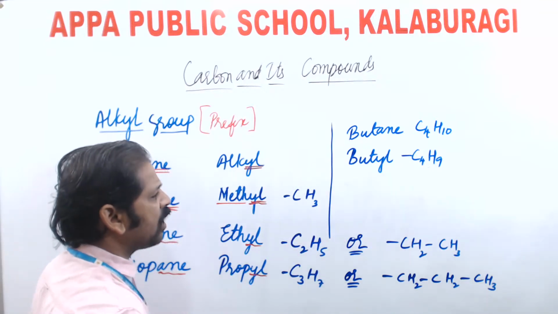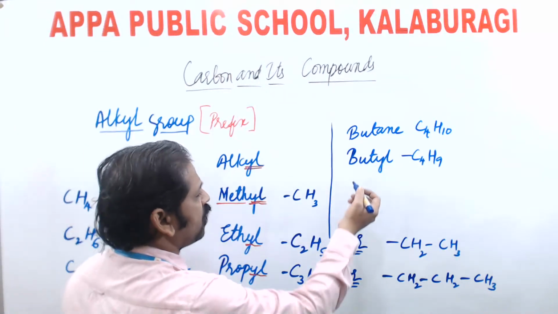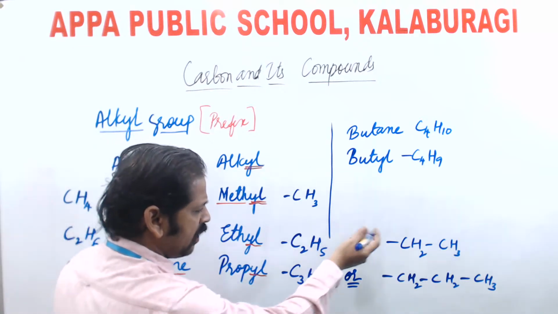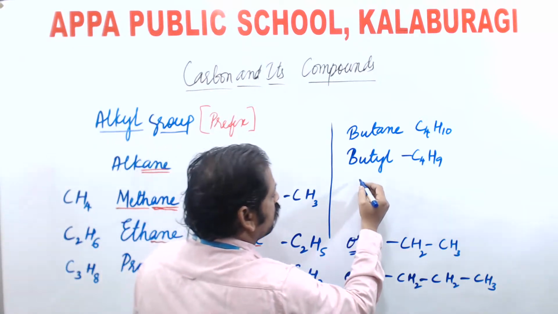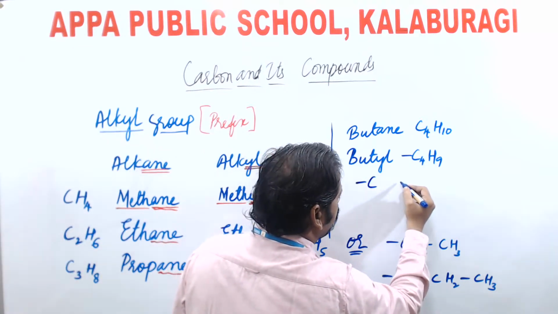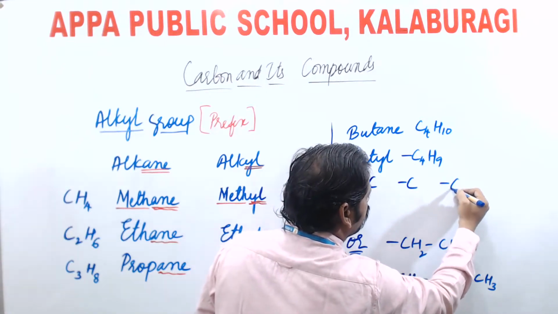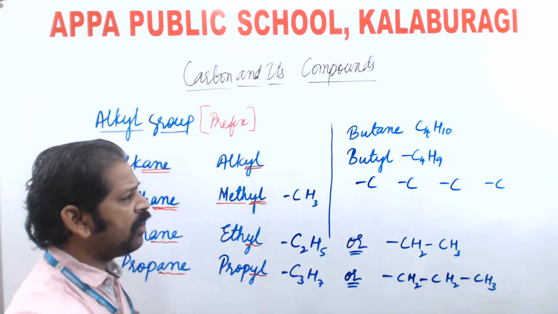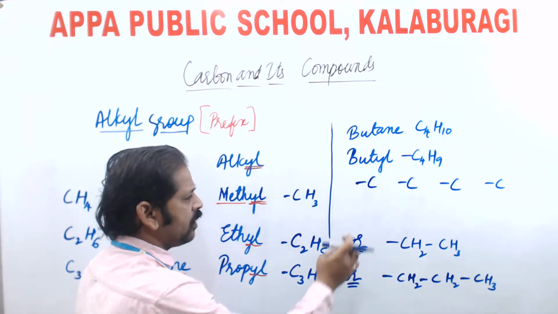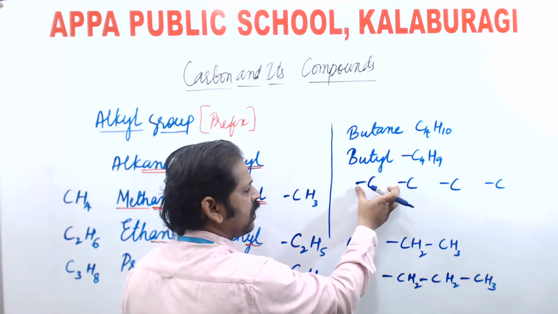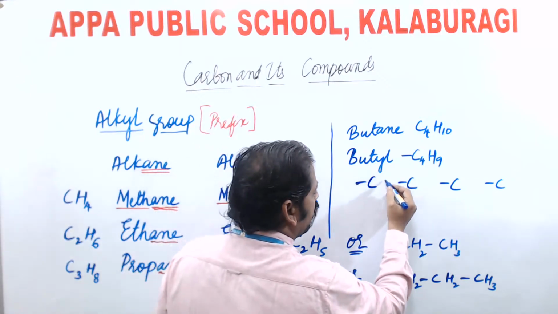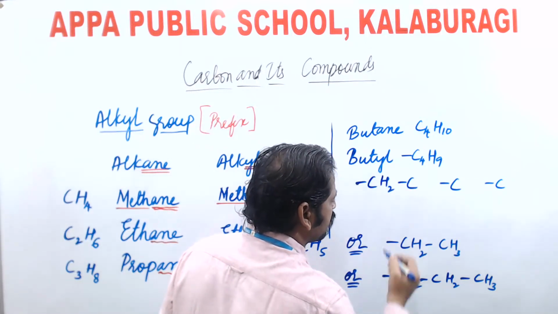Now we'll complete this butyl group, C4H9. How to write it? In this way, we have four carbons: one, two, three, four. Now we'll go with the number of hydrogens. This carbon has two bonds on both sides. Now it requires two more bonds, which will be completed with hydrogen.